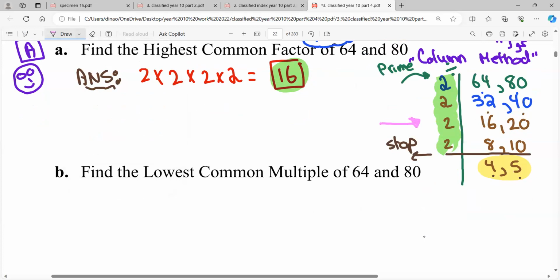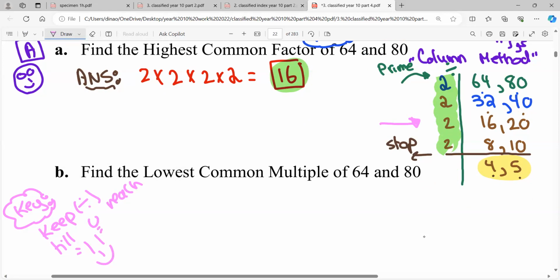How do I use بقى the same عمود to find the LCM? هنكتب بقى ال keywords بتاعة ال LCM. The keywords of LCM are: keep dividing till you reach the smiley face أو till you reach one not.